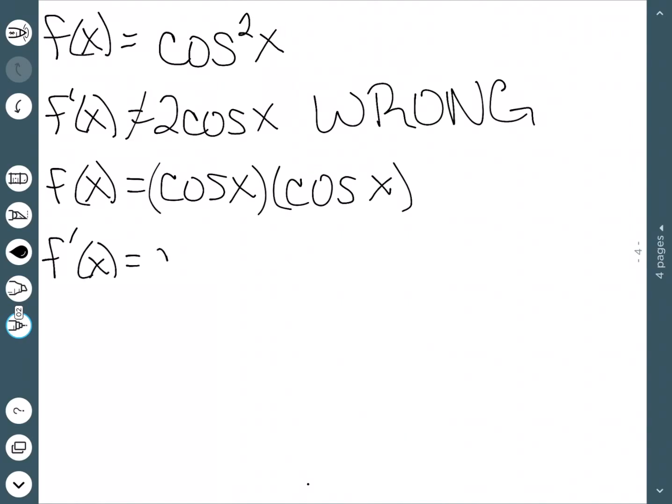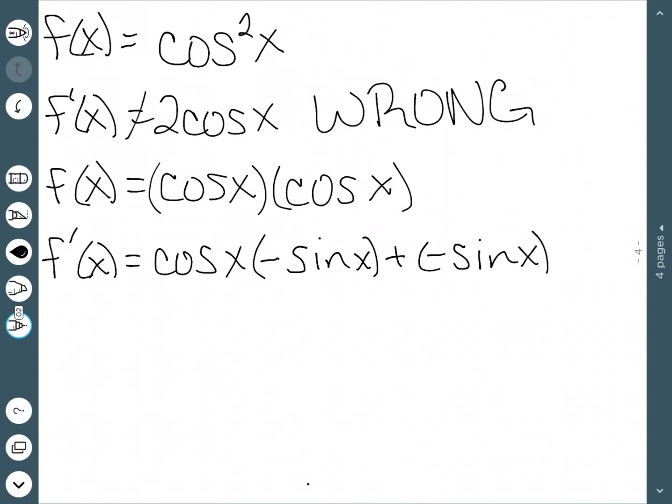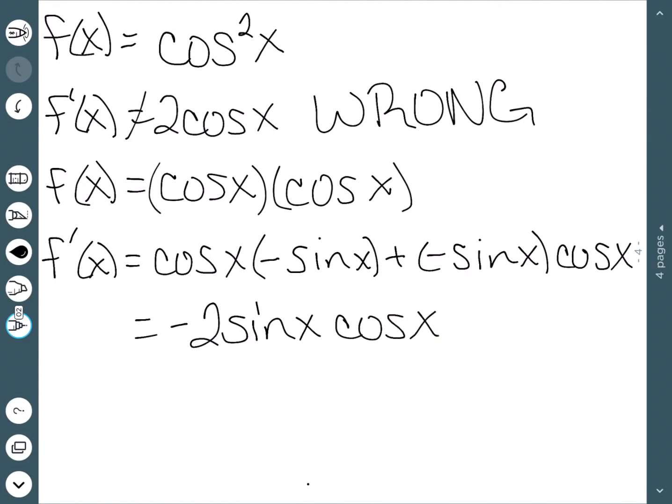We write down the first function times the derivative of the second, and the derivative of cosine is negative sine, plus the derivative of the first function, which is negative sine, times cosine. And we can see that this is actually negative 2 sine x cosine x. So it definitely does not look like just 2 cosine x. In fact, the power rule is only used for polynomials, and cosine is not a polynomial. So we do have to use other methods.